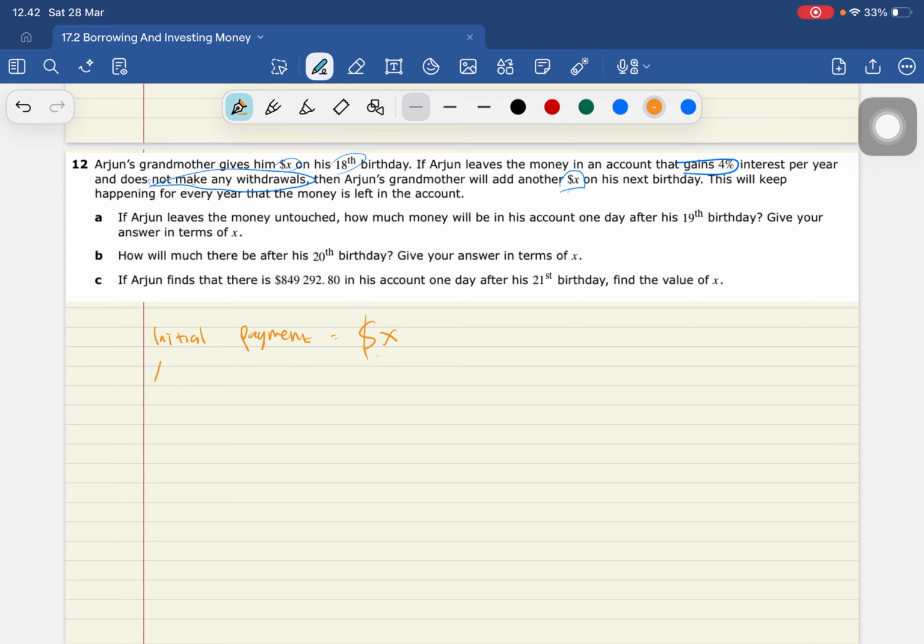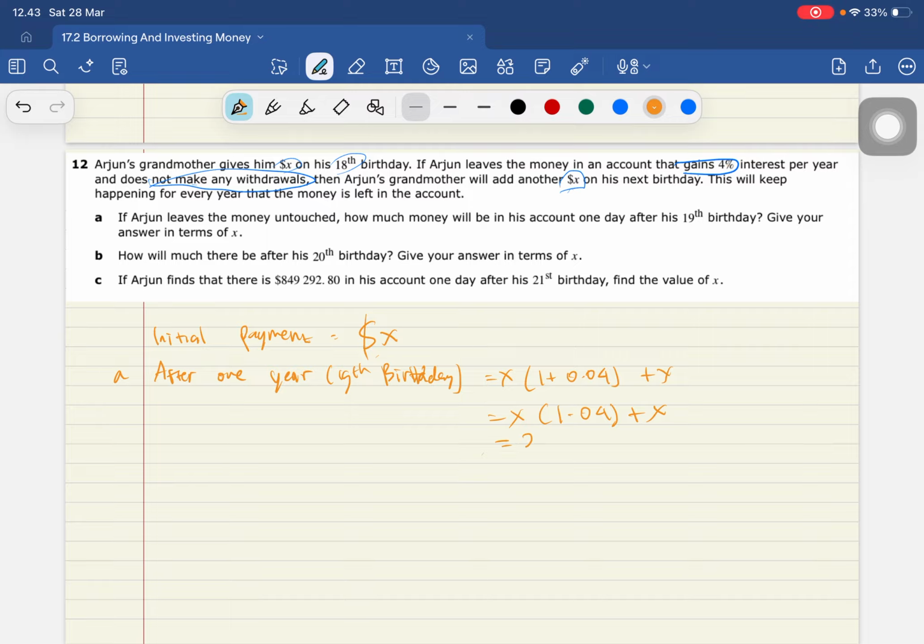So after 1 year, which is after his 19th birthday, we need to find the amount. We write X and multiply it by 1 plus the rate, 0.04, so X times 1.04, and then we add X again.